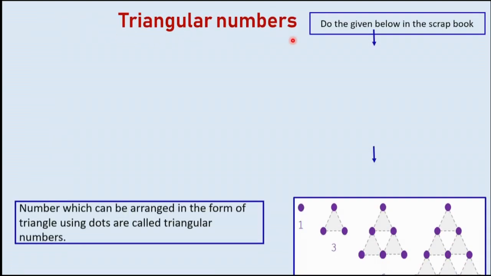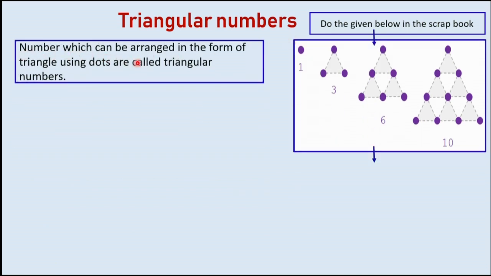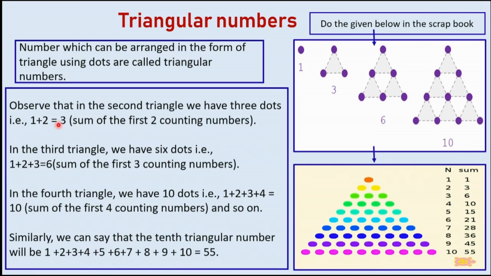Triangular numbers. Numbers which can be arranged in the form of a triangle using dots are called triangular numbers. Here 1, 3, 6, 10 are triangular numbers. See how? Observe that in the second triangle we have 3 dots, that is 1 plus 2 is equal to 3.